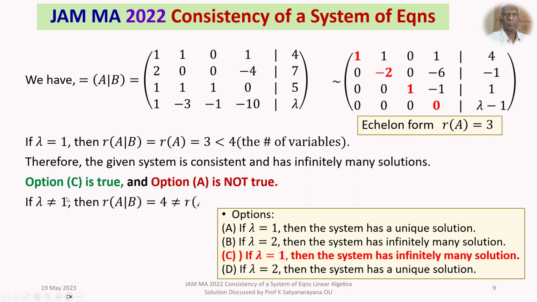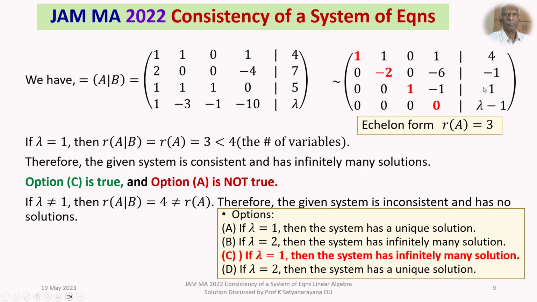Now, if lambda is not 1, it can be anything, lambda not equal to 1. When lambda is not equal to 1, lambda minus 1 is not 0, then the rank of the augmented matrix is 4. Whereas the rank of the coefficient matrix is 3, they are not equal. Therefore, the given system is inconsistent and has no solutions when lambda is not equal to 1. Therefore, in the case of options B and D, lambda is equal to 2, which is not equal to 1.